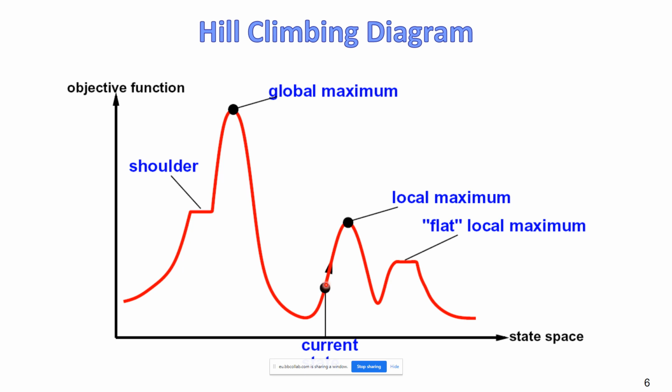So moving to the right is better than moving to the left, so we will go in that direction. We'll keep going in that direction until we reach this point. At that point, all the states in my neighborhood have a lower value of the objective function, so I am the best locally. So the algorithm here will stop. Okay, so that's hill climbing.